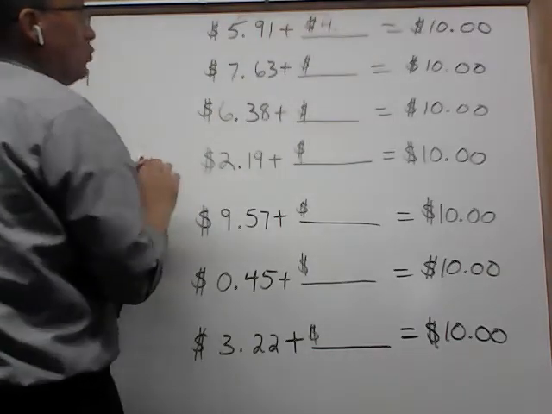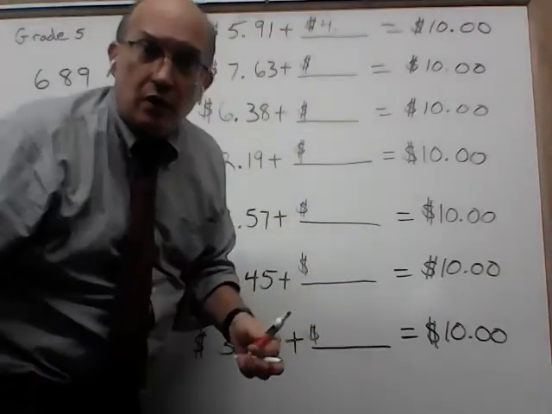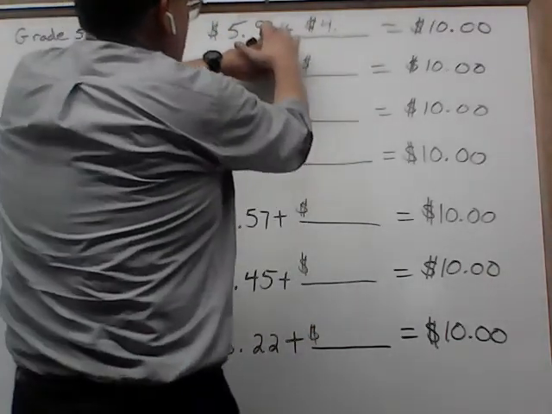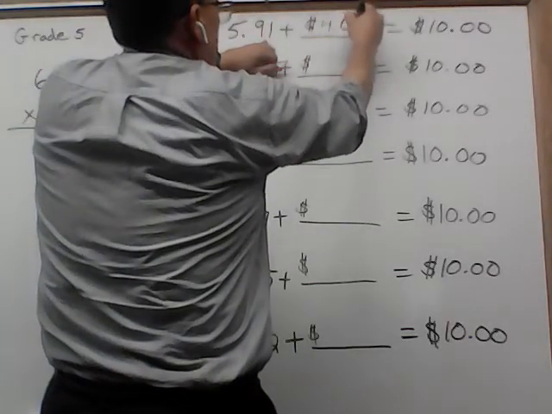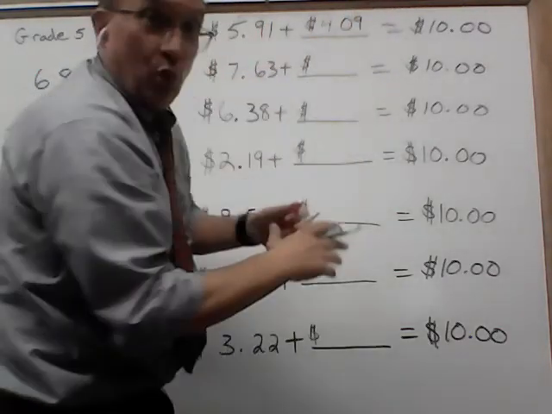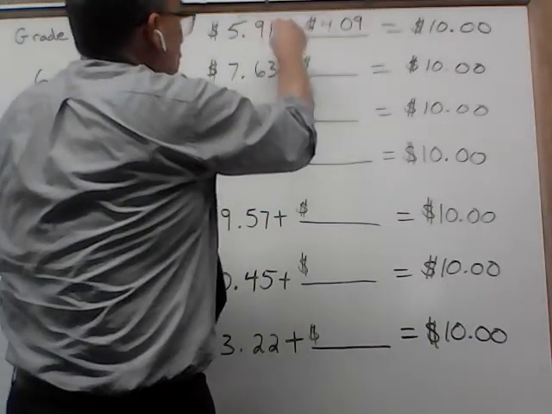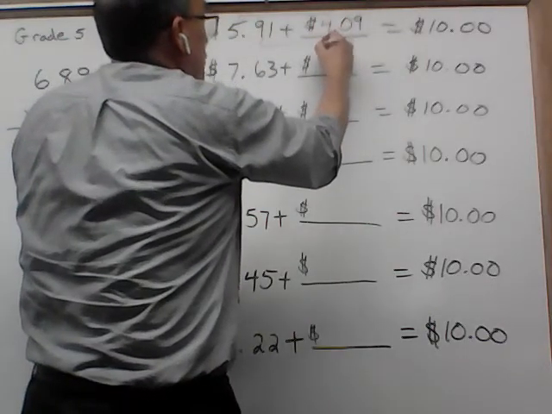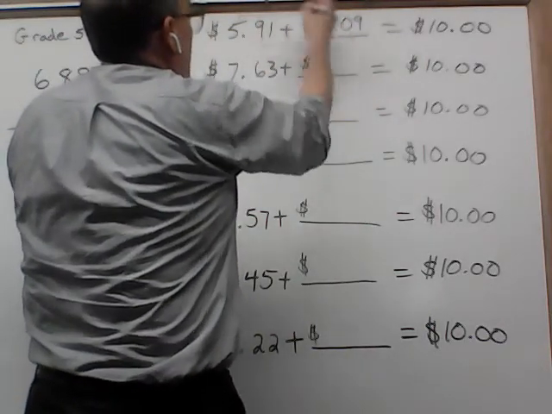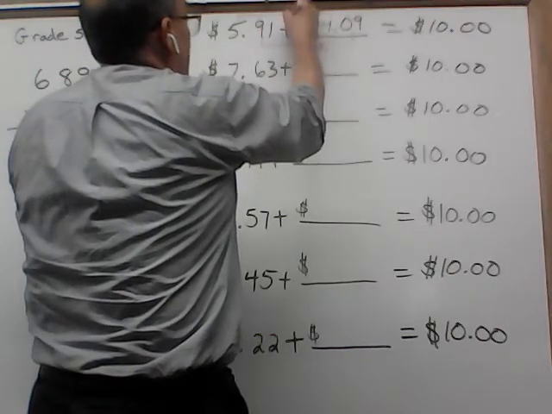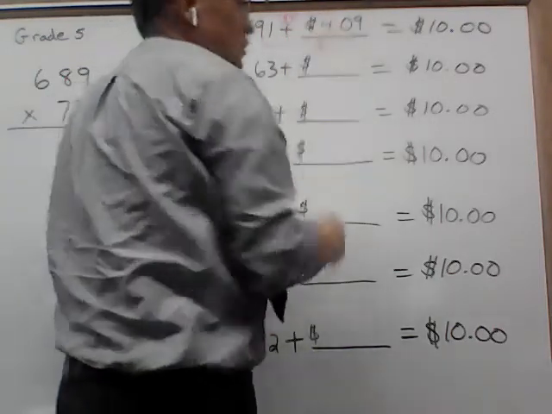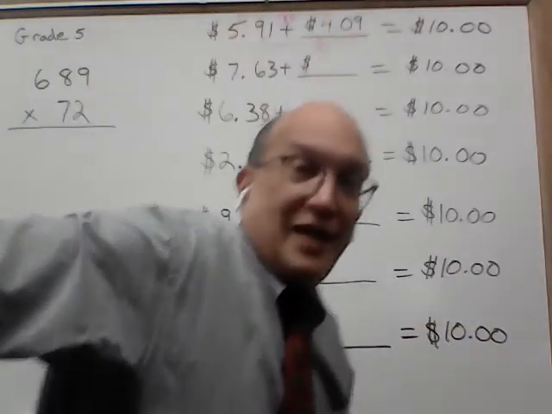So that's why we have 4 here. We need another dollar. How are we going to get the other dollar? Well, we've got 91 cents here, so we need 9 more cents, right? 91 cents plus 9 cents is $1, and then the $5 plus $4 is $9. $9 plus $1 is $10. That's how all of these work.